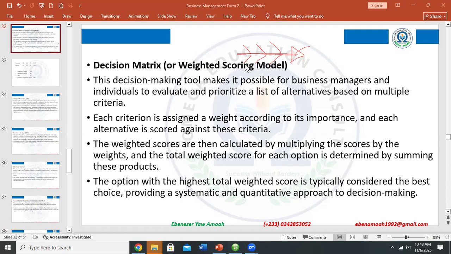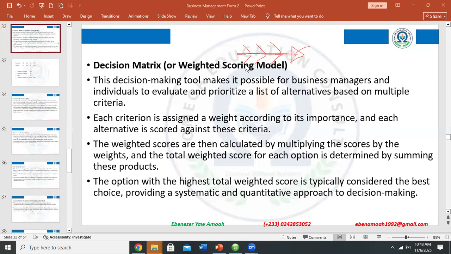And I gave you an example. If teachers want to choose the best student out of numerous students, they set criteria. Maybe you should be the best in the examination or the class assessment or whatever. So they set that criteria and they add weight to each of them. So for example, they say exams, you should score like 100%, or class assessment, you should score maybe 30%.